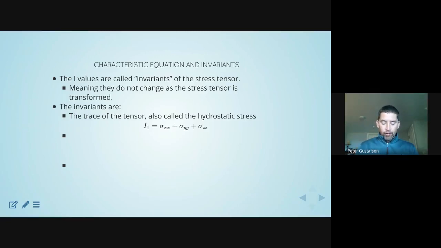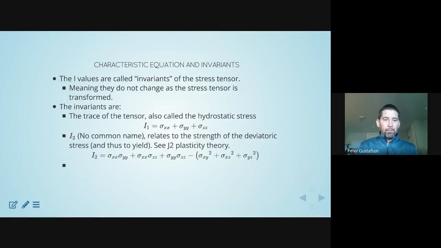Okay, the next one actually doesn't really have a fancy name. It's not something you're going to see expressed too frequently, but ultimately, we're going to call it I2, and it relates to the strength of the deviatoric stress.